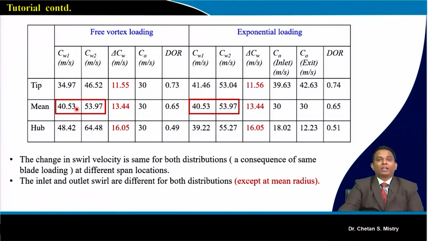If you look at the entry CW1 and exit CW1 for both the methods, at the mid station they are the same. But when we compare near the hub region, we have a great reduction for the exponential method. And when we compare near the tip region, my world component comes out higher.